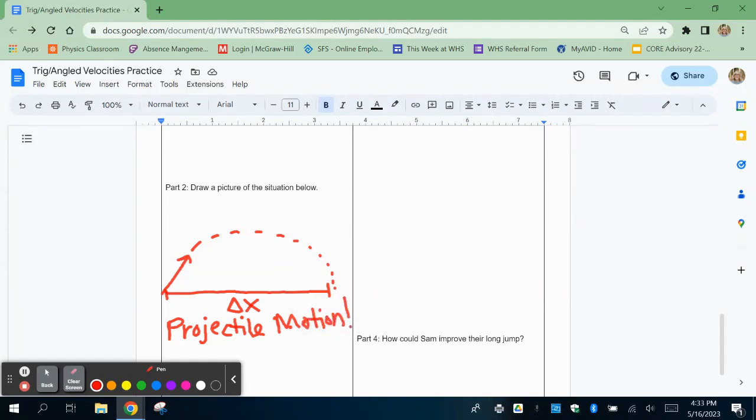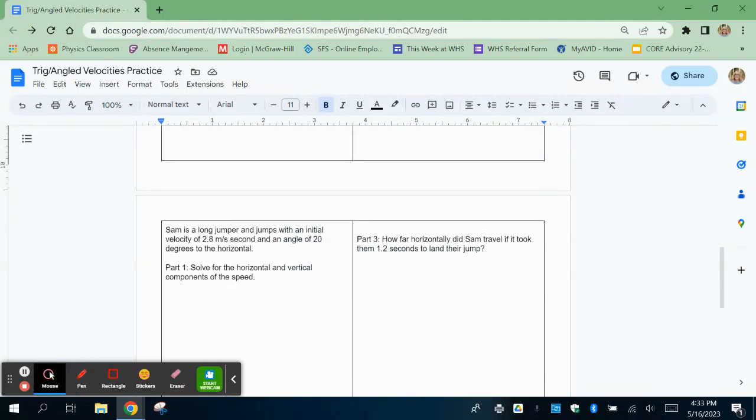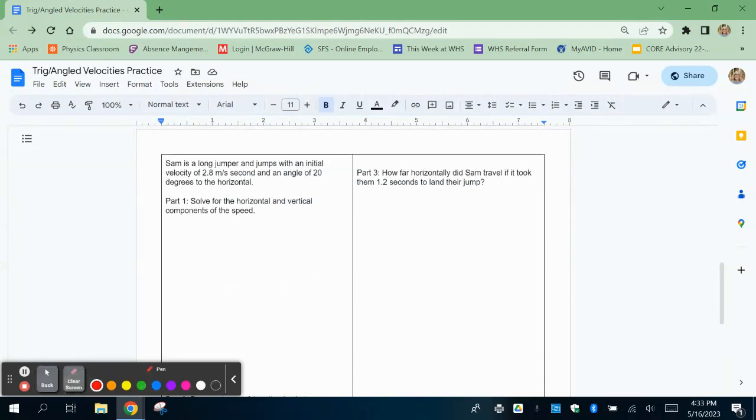So let's go up to part 3 here. Now we're solving for how far horizontally she traveled if it took 1.2 seconds to land the jump.